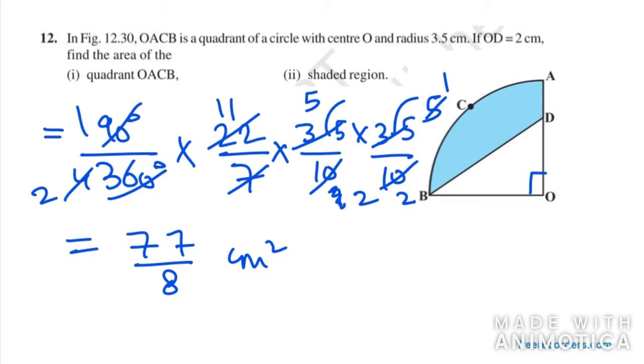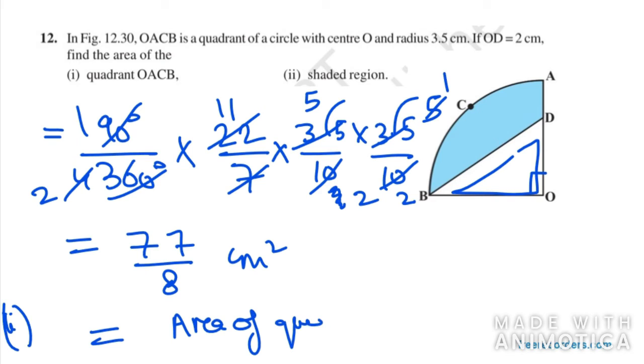So the answer is 77 over 8 centimeter square. Now we need to find area of shaded region. So for area of shaded region, we need to remove the area of triangle OBD in this. So we need to remove this part. So let us remove OBD triangle from quadrant OACB. So the second part will be area of quadrant OACB, take away area of triangle OBD, that is half OD.